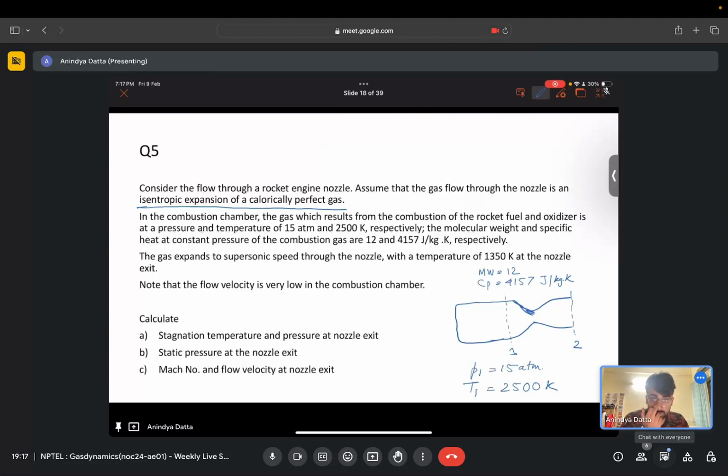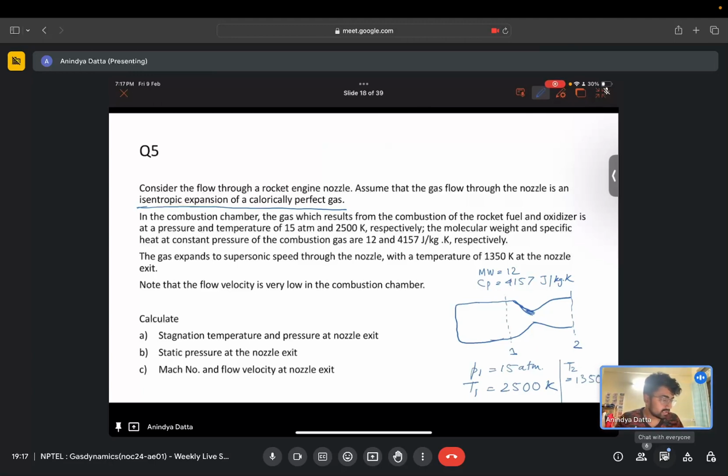The gas expands to supersonic speed through the nozzle with a temperature of 1350 Kelvin at the nozzle exit. So T2 is 1350 Kelvin.